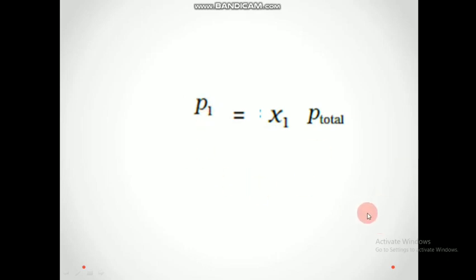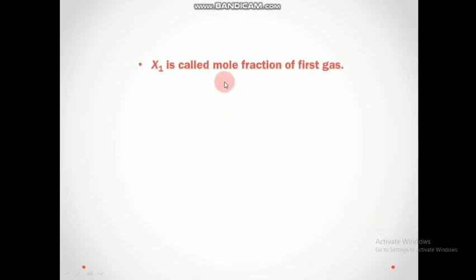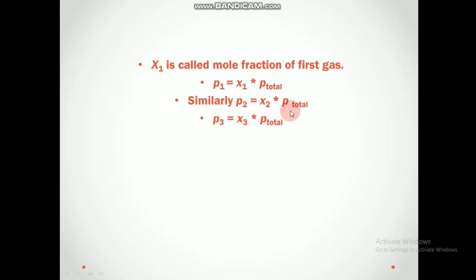That's the importance of this equation. So when X1 is called the mole fraction of the first gas, P1 is equal to X1 into P total. Hence P2 becomes X2 into P total and P3 becomes X3 into P total. So like this, for any gas we can find out the partial pressure if we know the P total, or the total pressure.